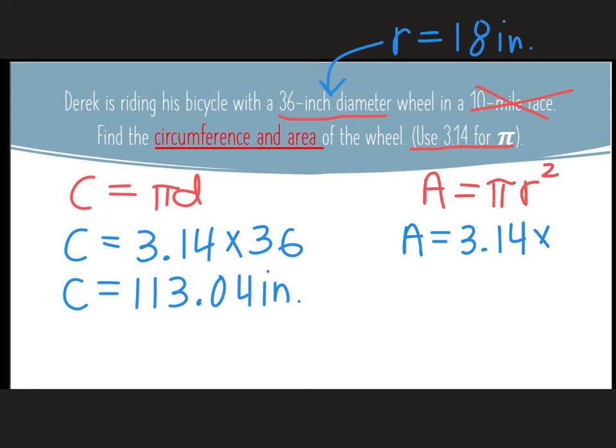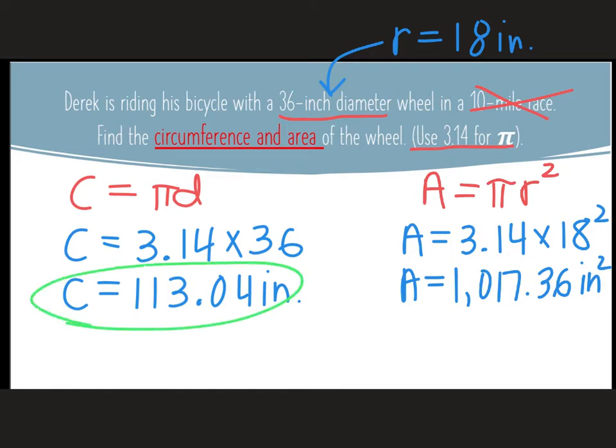So, back to our formula, 18 squared. Do 18 times 18 first, then multiply it by 3.14, and you should get 1,017.36 inches squared. And remember, it's inches squared because it is area. So let me circle our final answer, circumference and area.